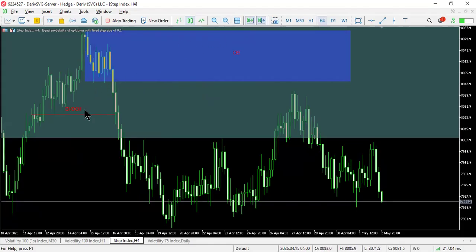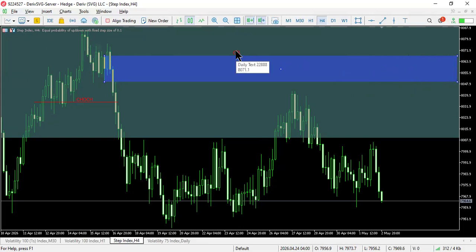So from the 4 hours time frame, the change of character is going to be at that level, with our order block at that level right there. And then down here, we have a support level.